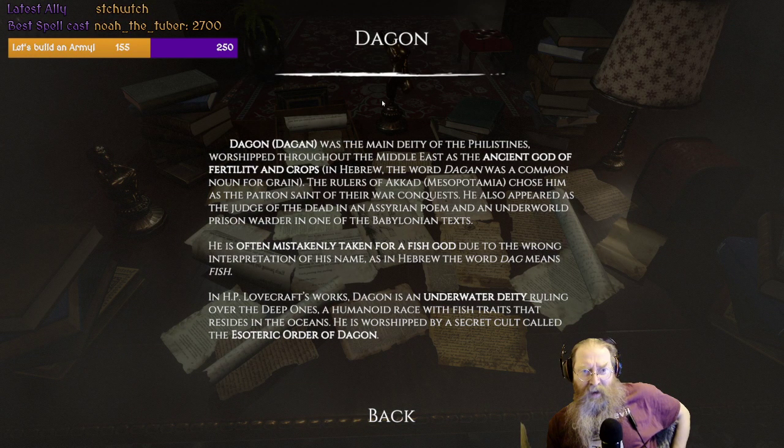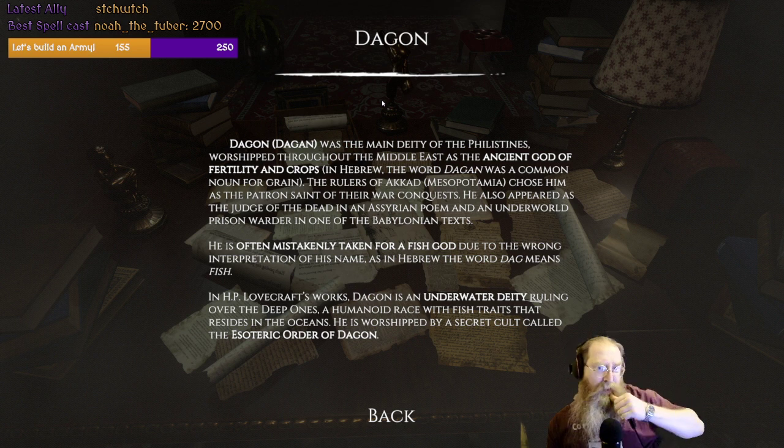Dagon was the main deity of the Philistines, worshipped throughout the Middle East as the ancient god of fertility and crops. In Hebrew, the word Dagon was a common noun for grain. The rulers of Akkad, or Mesopotamia, chose him as the patron saint of their war conquests. He also appeared as the judge of the dead in an Assyrian poem and an underworld prison warder in one of the Babylonian texts.